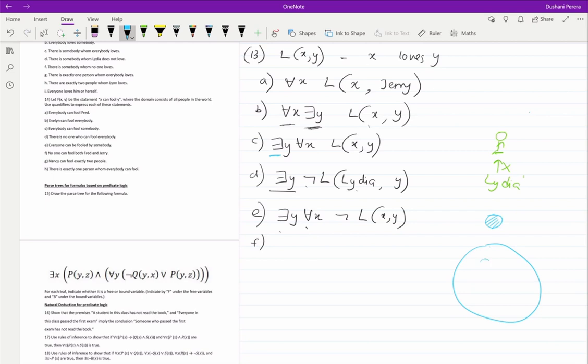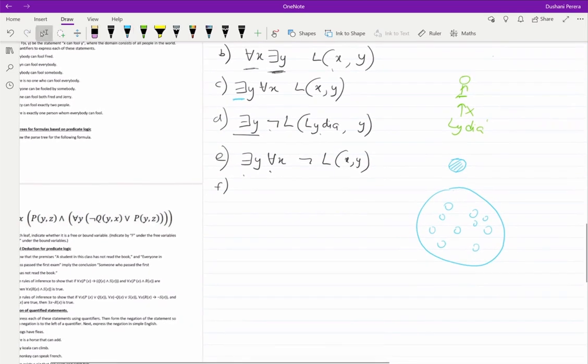Here you have all the other people, you have everyone else here, and you have this particular person here. Everyone loves this person. But you can't stop there in this question. You have to go further. You have to say that it's just one and only one person who's being loved by everybody else.